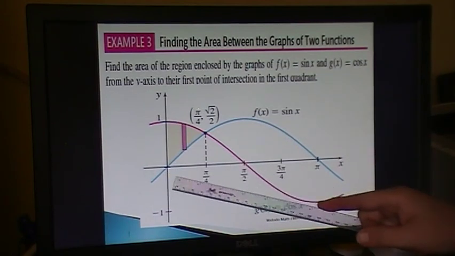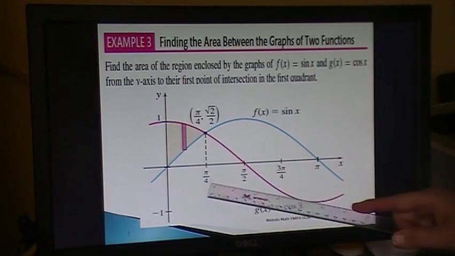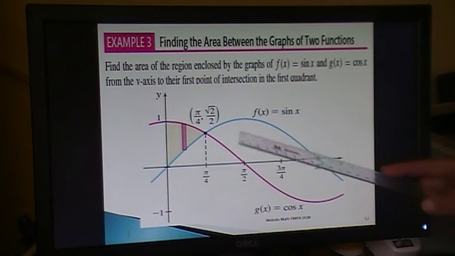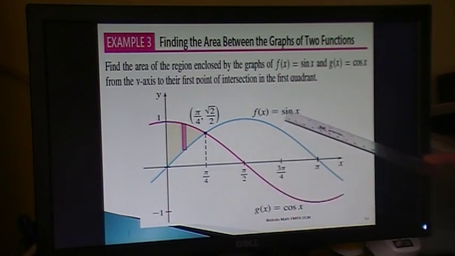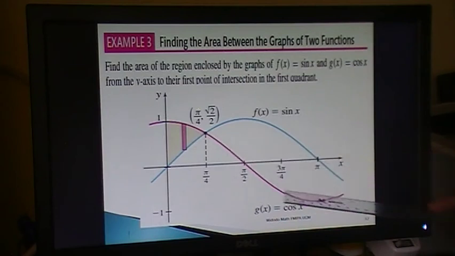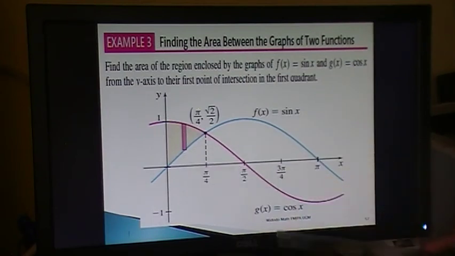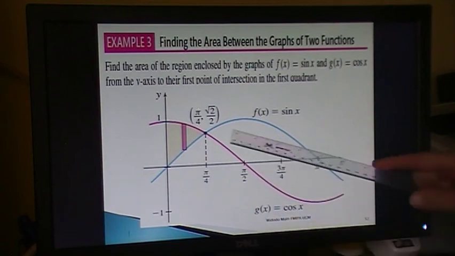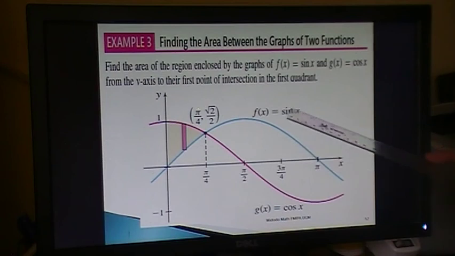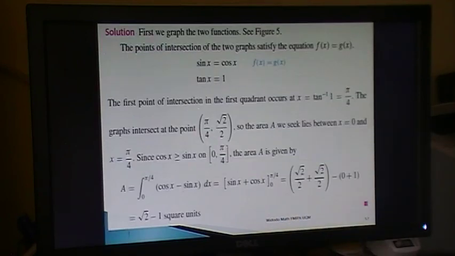If you want to count between 0 and π divided by 4, you have to take the integral of cos x minus sin x. But if you want to count the area in this region, you have to count it by using the integral of sin x minus cos x, not cos x minus sin x.